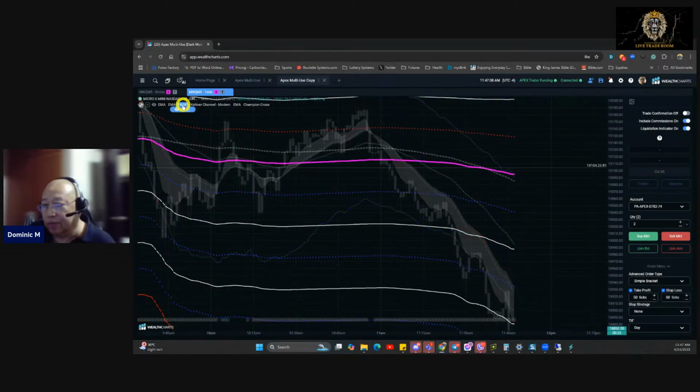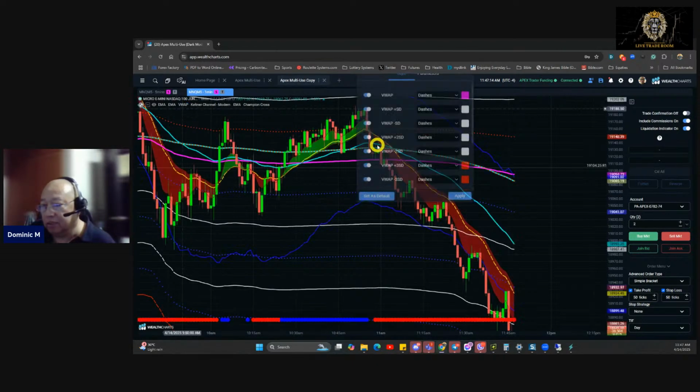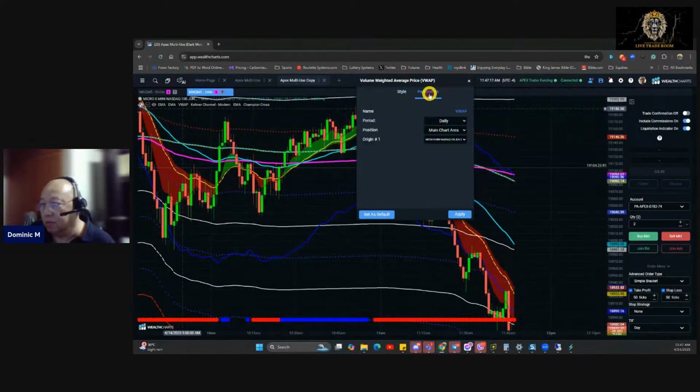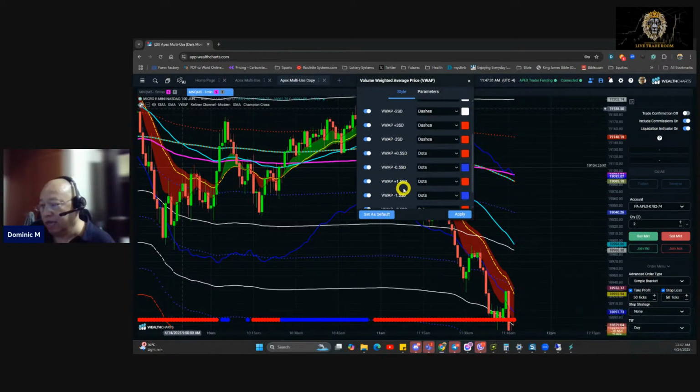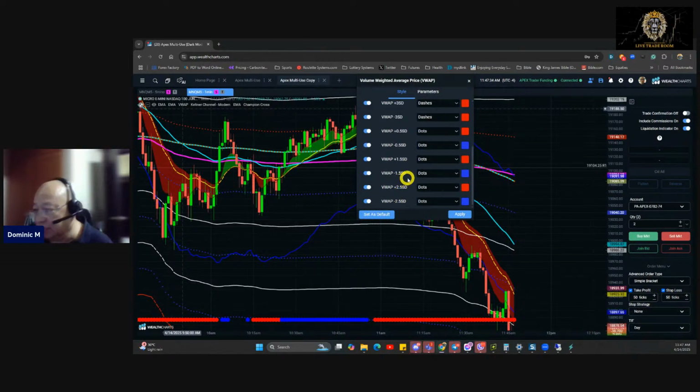The VWAP. Just get that. You see my settings here. It's really typical. Parameters, the same thing. Daily, and that's it. I have a style here because you can have the VWAP and the standard deviations: +1, -1, +2, -2, +3, -3, and these are the in betweens. See this? -1.5, -2.5, +2.5, and so forth.